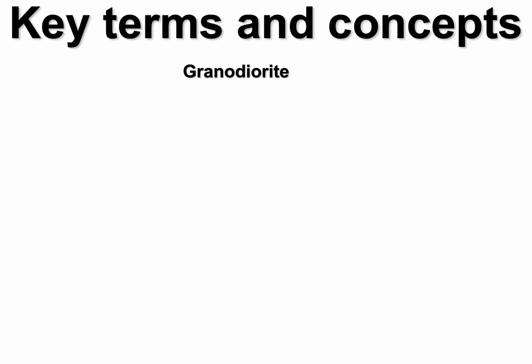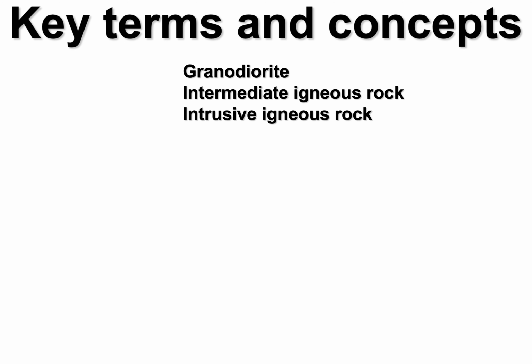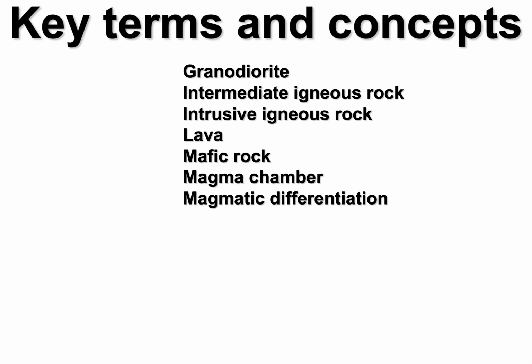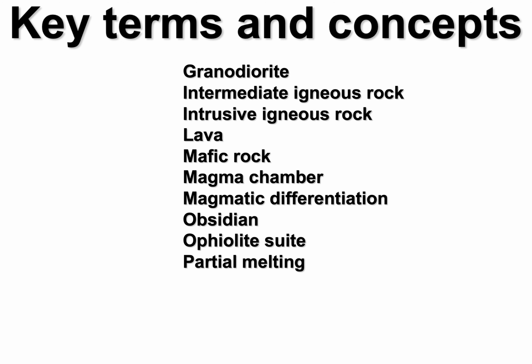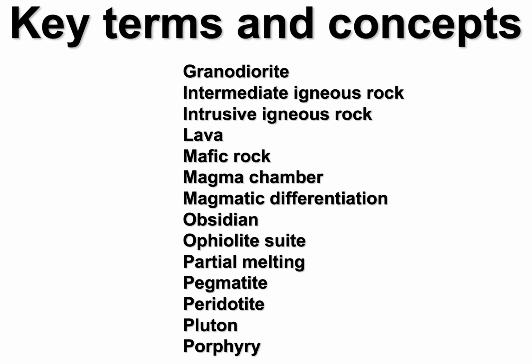I told you also about the granodiorite, what intermediate igneous rocks are, what intrusive igneous rocks are, what a lava is, a mafic rock, a magma chamber, what is meant by magmatic differentiation, what an obsidian is, what an ophiolite suite is, what is meant by partial melting, what a pegmatite is, what a peridotite is, what a pluton is, what a porphyry is, and what a pumice is.